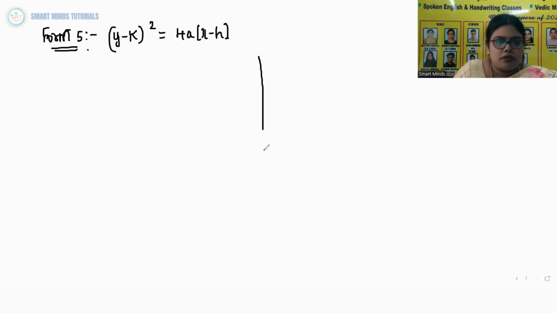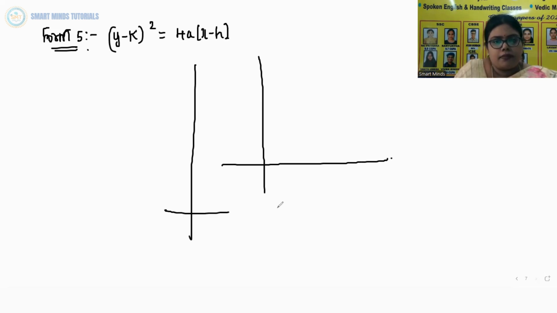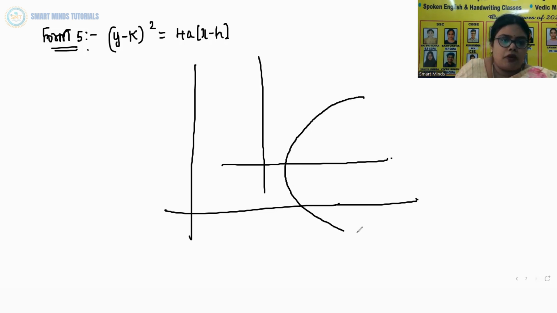So now the next four forms are when the origin is h comma k. That means the vertex is not 0 comma 0, but some h comma k. So the form will be y minus k whole square is equal to 4a into x minus h. This is the coordinate axis and this is the parabola.